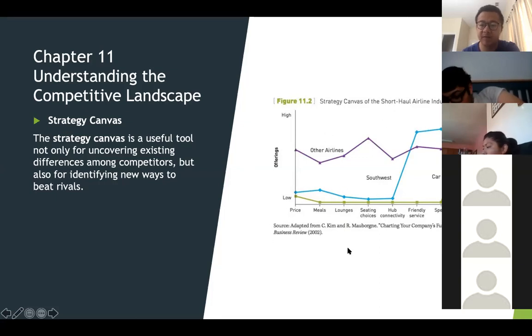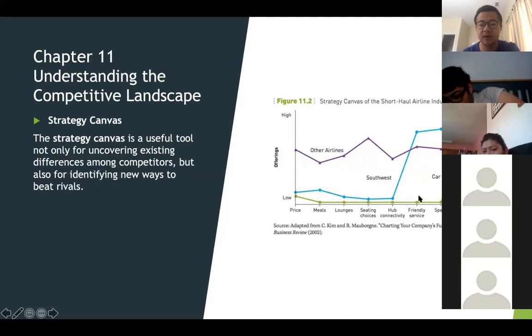You can evaluate the company and their strategy based on different dimensions: price, meals, lounge, seating choices, etc. When you want to compare with your competitors, you can use this graph, because you can see other airlines in this graph are totally different from Southwest, and Southwest is very similar to the automobile industry, right?